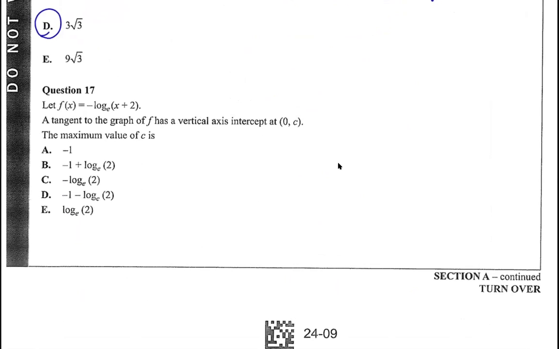Question 17. A tangent to the graph of f has a vertical axis intercept at 0, c. But we don't know where the tangent is. So let's say a comma minus natural log a plus 2 be the tangential point.